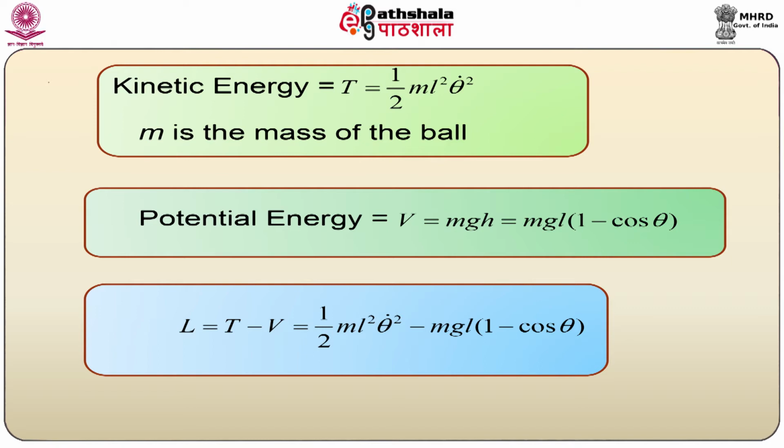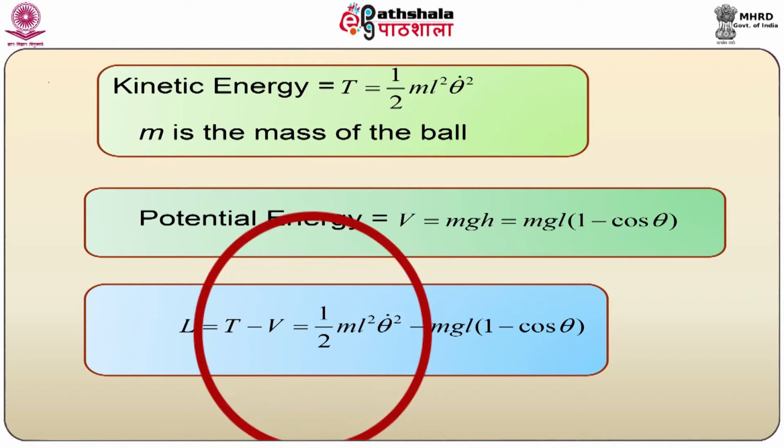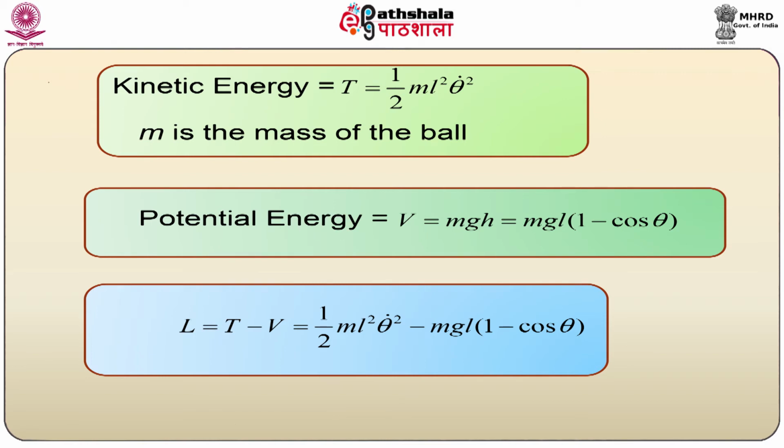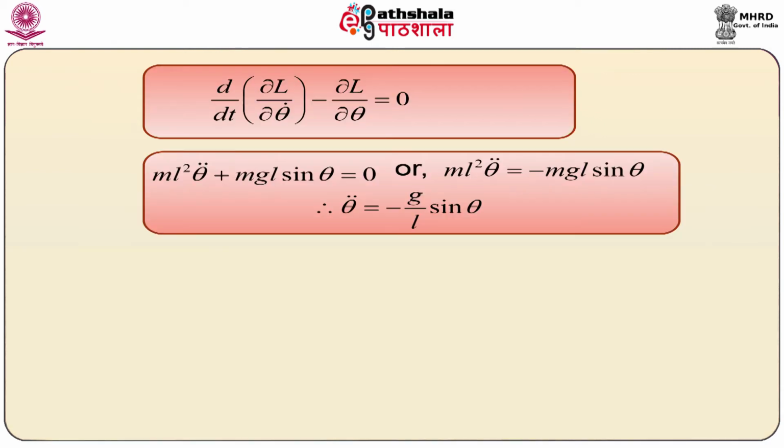So, L equal to T minus V. If we substitute the expressions for T and V already obtained, then we get the explicit form of the Lagrangian L, which is written here. Here, theta is the only generalized coordinate.